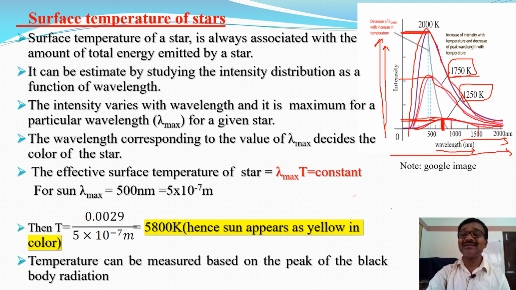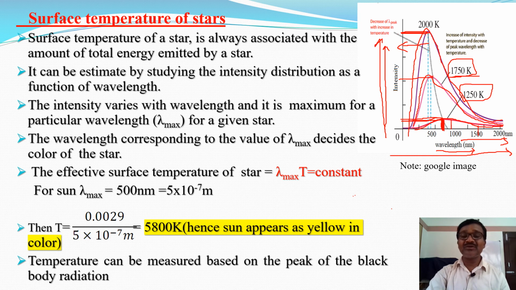Therefore, by studying this, we conclude that the intensity of the radiation increases with the increase in temperature. Also, the lambda peak shifts towards the smaller wavelength as the temperature increases.